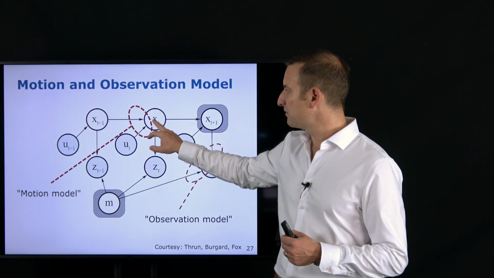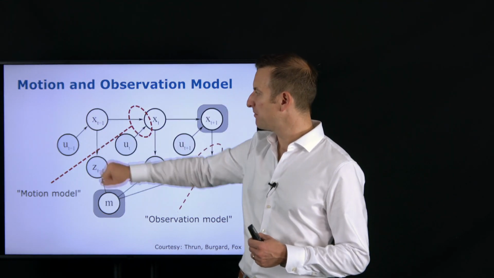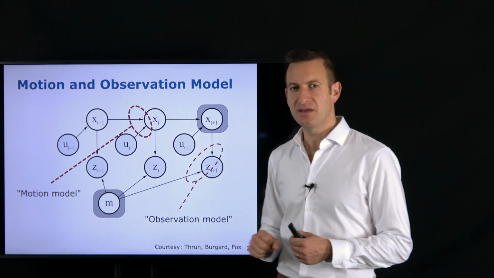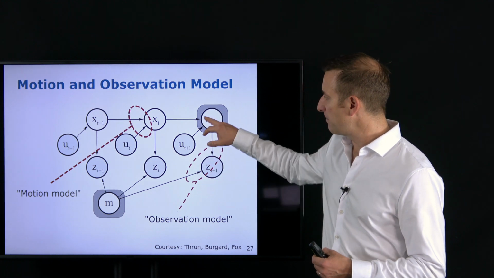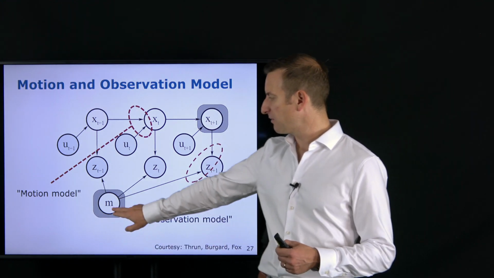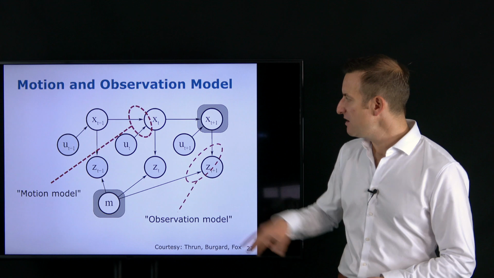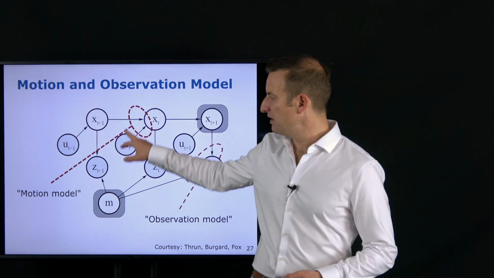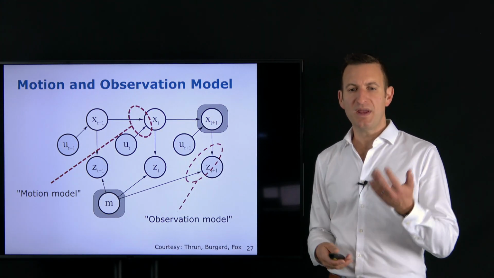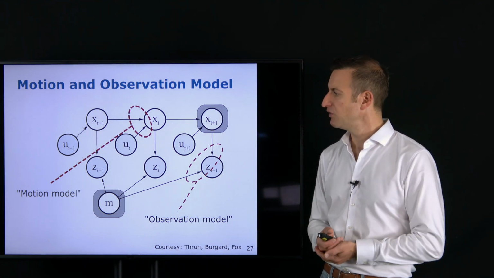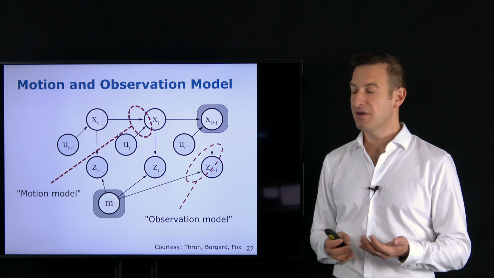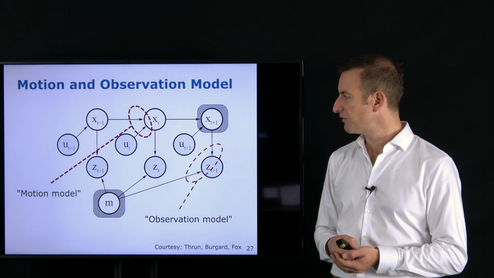This is the pose at time t, which is impacted by the pose at the previous point in time and the control command. And for the observations, the observation is impacted by the position of the platform and the map of the environment. These quantities here are basically what we know as our motion model as well as our observation model that we also used in the formulation of the recursive Bayes filter.